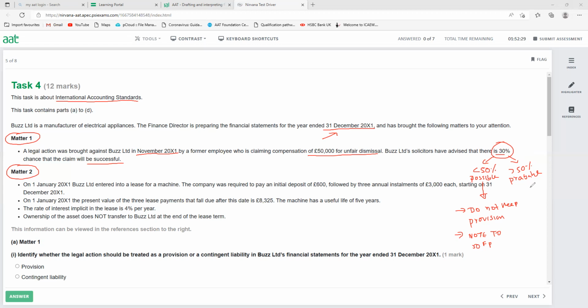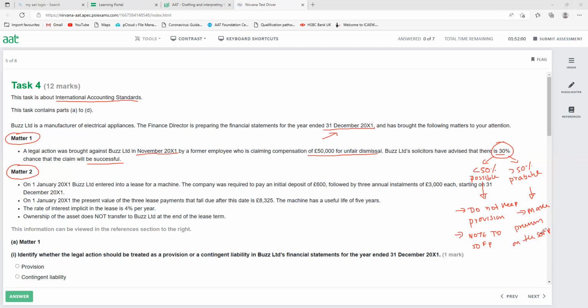But if it is probable, that is, the chance is more than 50%, in this case the treatment will be different, and we have to make a provision on the SOFP, the statement of financial position.